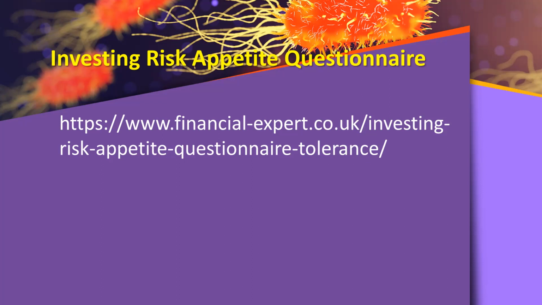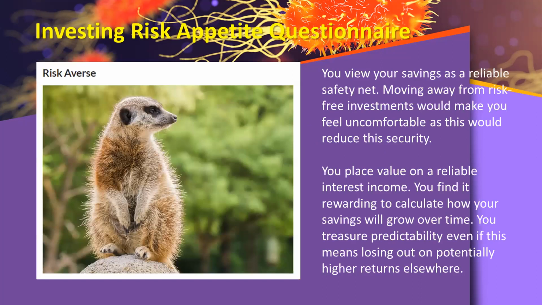So what are the types of risk appetite? We have risk averse. You view your savings as a reliable safety net. Moving away from risk-free investments would make you feel uncomfortable, as this would reduce this security.